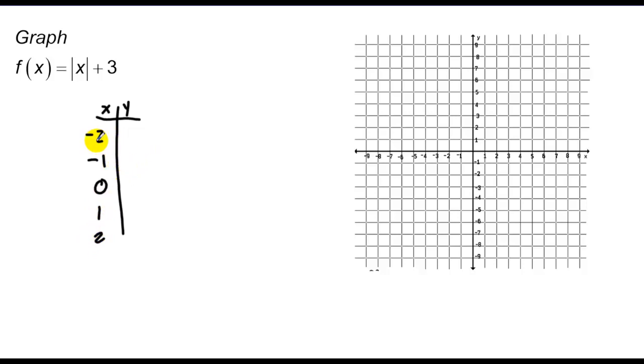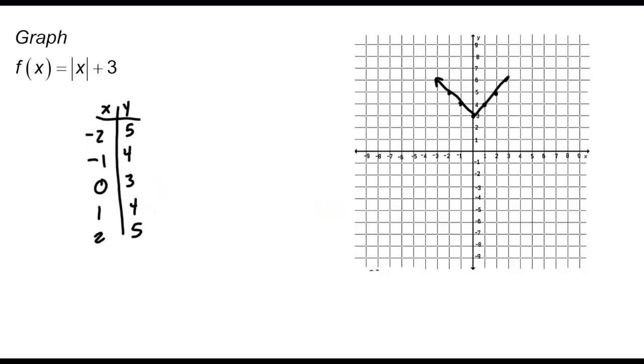I plug in a -2, take the absolute value of that, that's 2, plus 3 is 5. -1 gets me a 4, 0 gets me a 3, 1 gets me a 4, and 2 gets me a 5. So you'll see now that plotting these points, I also get a very similar looking graph in both directions.